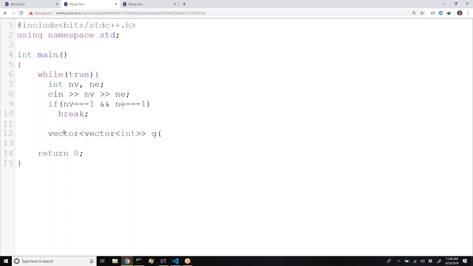So many ways are there. Or if we are going like this, then it is an int and this is your U, and this is all the neighbors of U, right? So this is another approach.